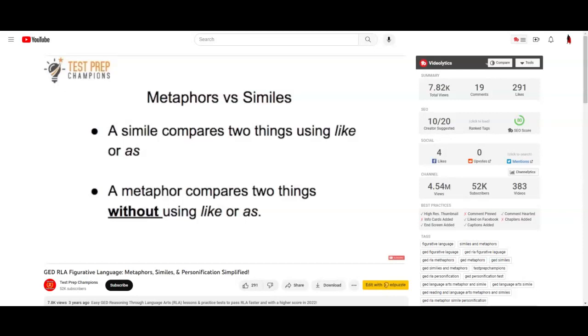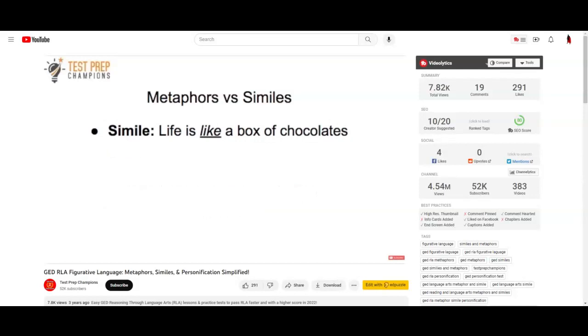using like or as. Here's an example of a simile, and this is a famous quote from a movie. Life is like a box of chocolates. In this case, we're comparing life to a box of chocolates. Or I really should say Forrest Gump is comparing life to a box of chocolates. And in this comparison, we're using the word like.